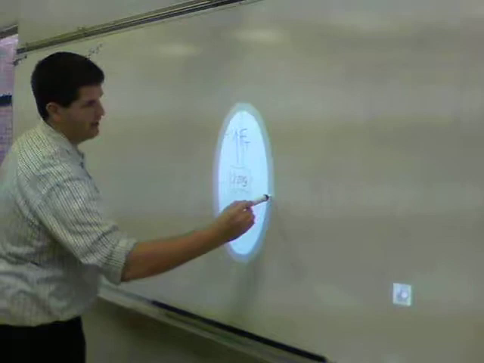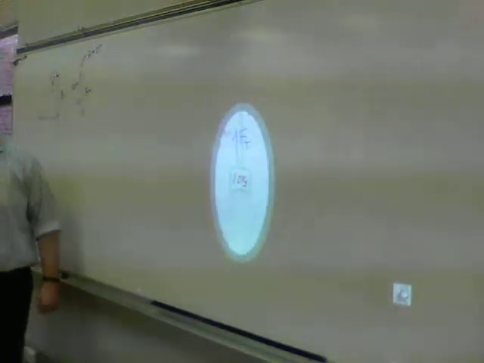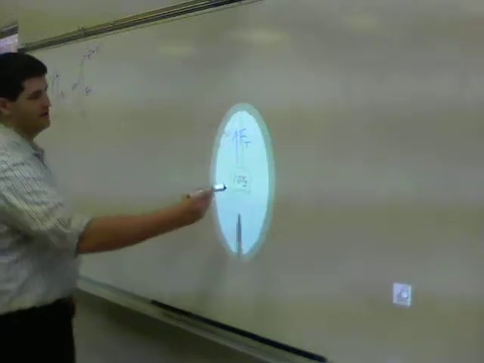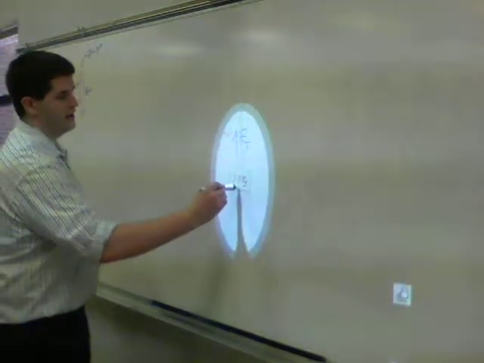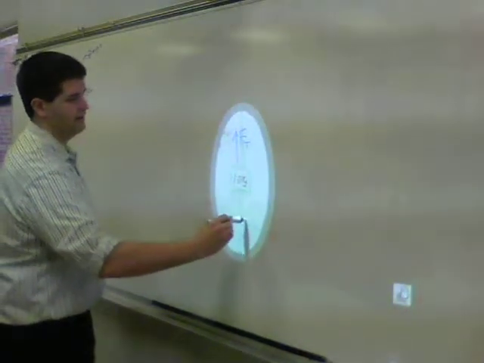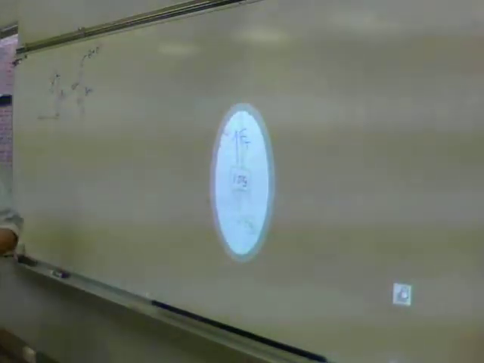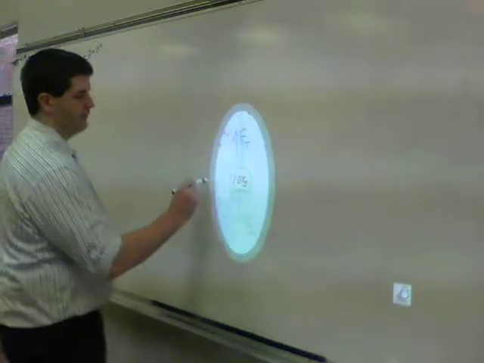We've now zoomed in on one block. That means we have FG going down, and we have tension going up. We know the acceleration of this block is 3.33.